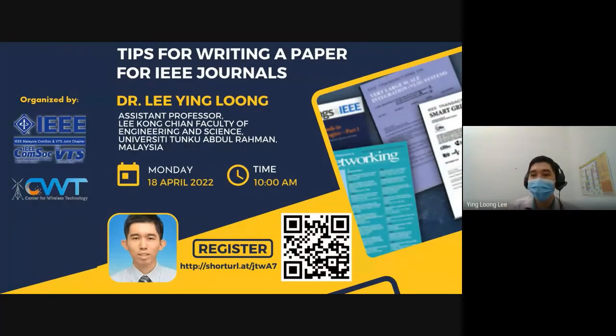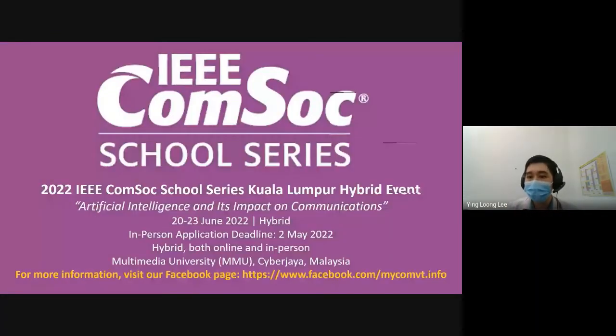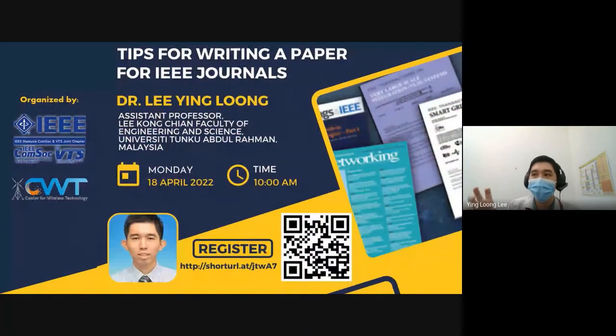You must declare whether your work is based on some other people's work. Sometimes we have a self-plagiarism issue. If you do not declare in the cover letter that your paper is actually extended from a conference paper, then it might trigger this plagiarism issue.